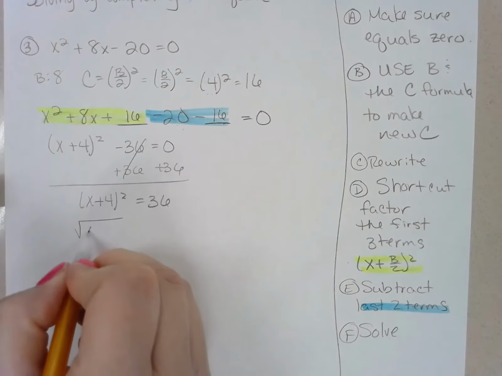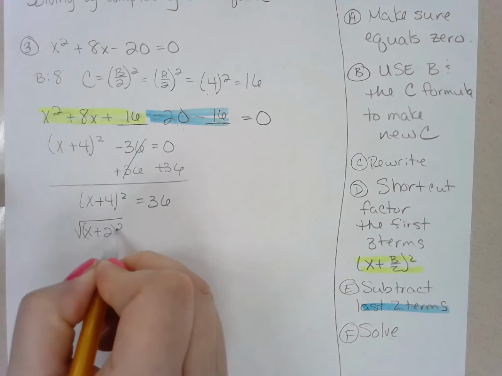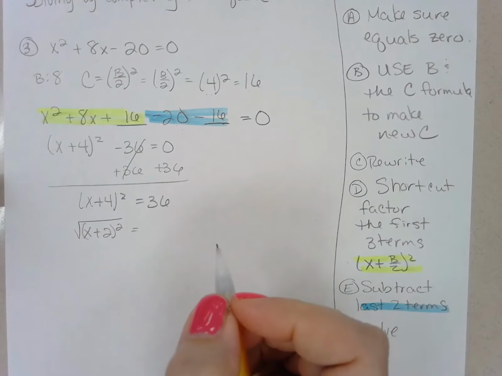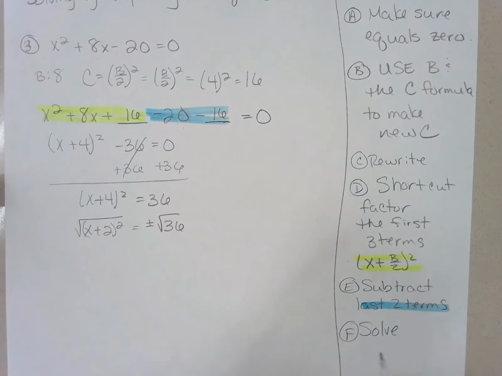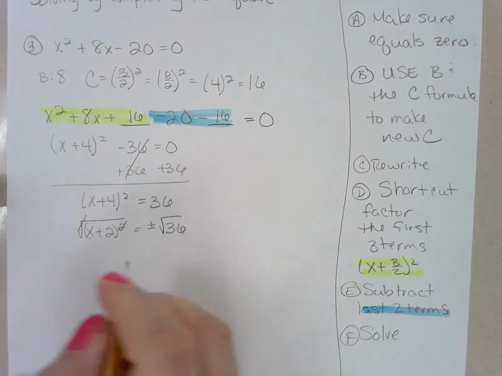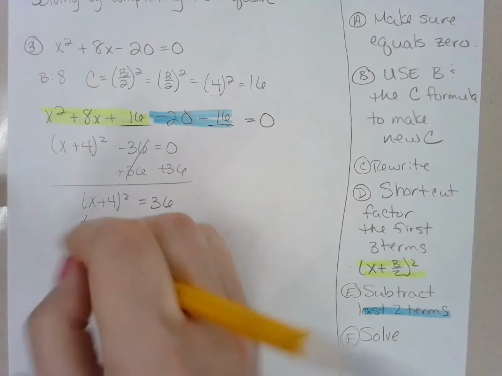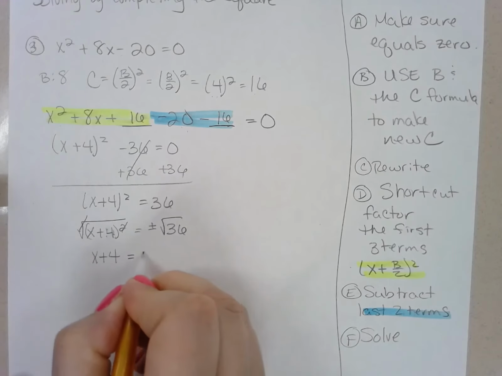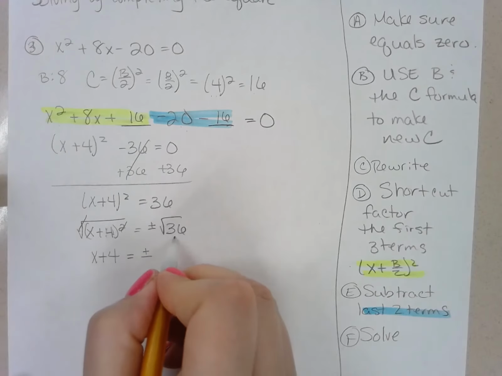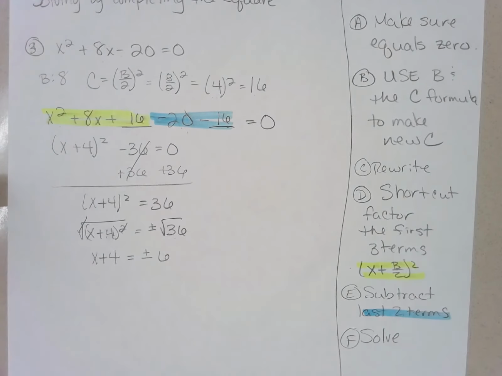Now I can take the square root of both sides, and remember, we're using the square root principle when we do this. So we put a plus or minus in front of the square root of 36. The square root and the squared cancel each other out. So we have x plus 4 equals plus or minus the square root of 36. 36 is a perfect square, and its square root is 6.